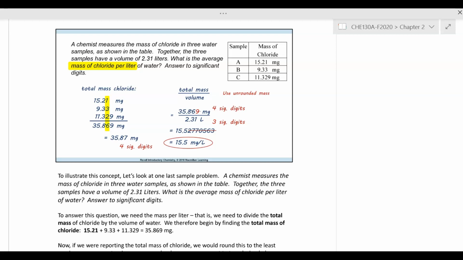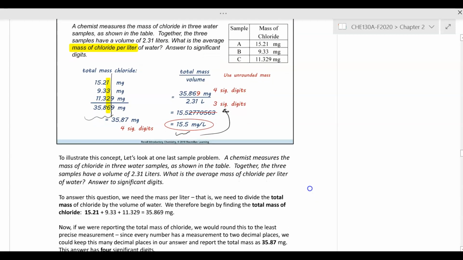And then we have to round that to 3 sig figs because we've only got 3 sig figs in the bottom number. We only have 4 sig figs here because the least common place gives us 4 sig figs. So that's an addition sig fig and then a calculation sig fig.